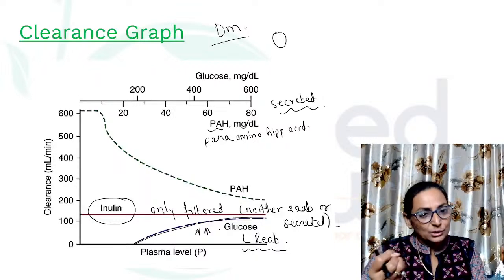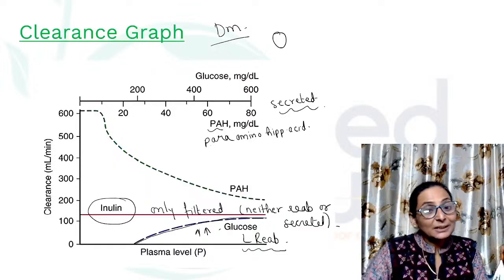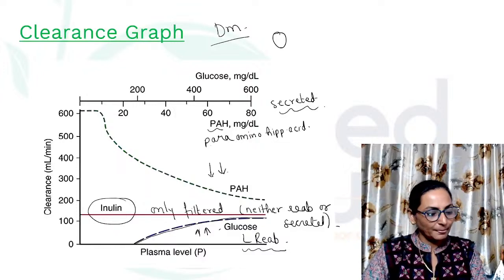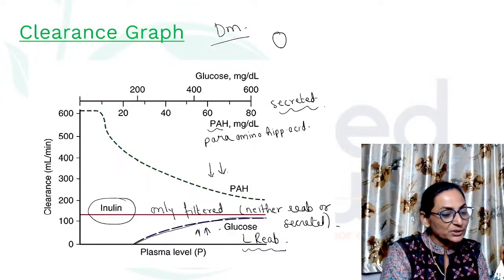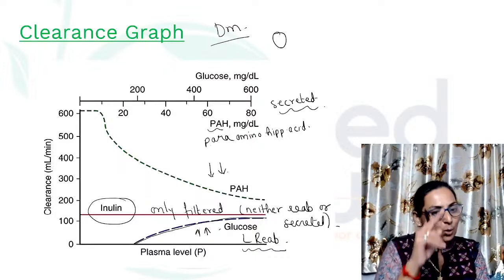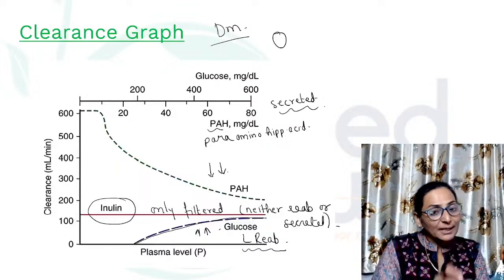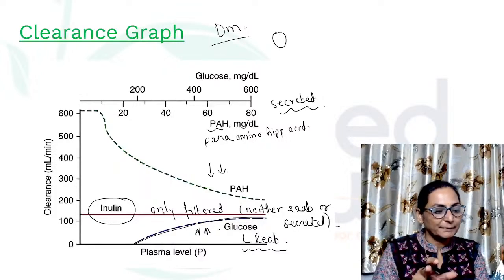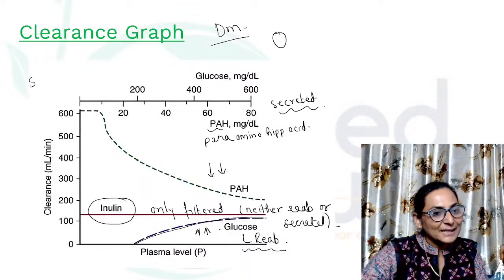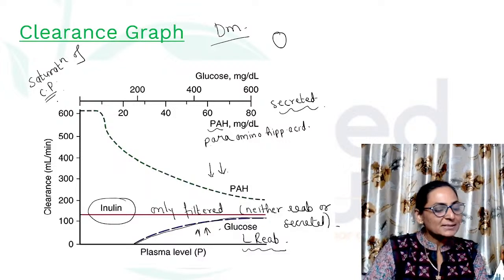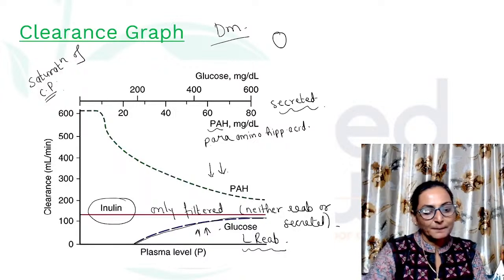There will be saturation of the transport proteins which are secreting it, and therefore the clearance of a substance which is secreted goes on decreasing. The clearance of the substance which is reabsorbed will keep on increasing. This is the reason of saturation of the carrier proteins.